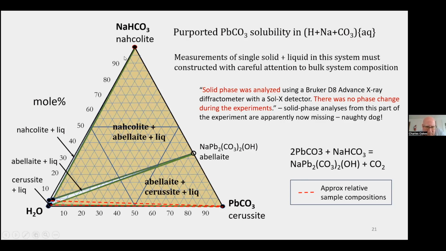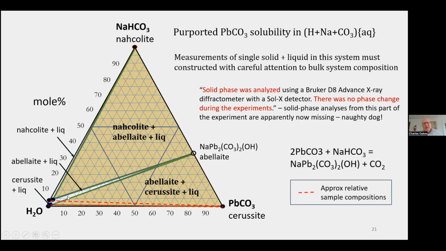And so the phase fields where you should have only one solid plus solution should be very narrow. So there's a sliver over here on the left-hand side, an even smaller sliver over here on the lead carbonate plus water side. And then you should have a single solid in equilibrium with liquid with this sodium lead carbonate hydroxide that occurs here in the middle.